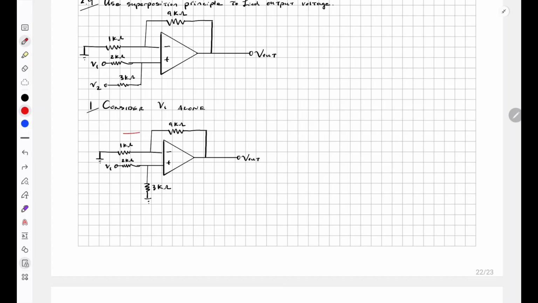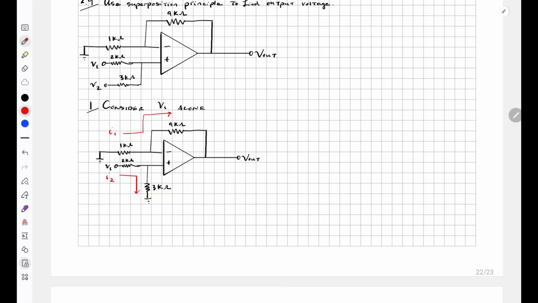I'm going to define this current path as I1. In the same way, because no current enters the op-amp, this current is equal to this current. I will define this current path as I2.